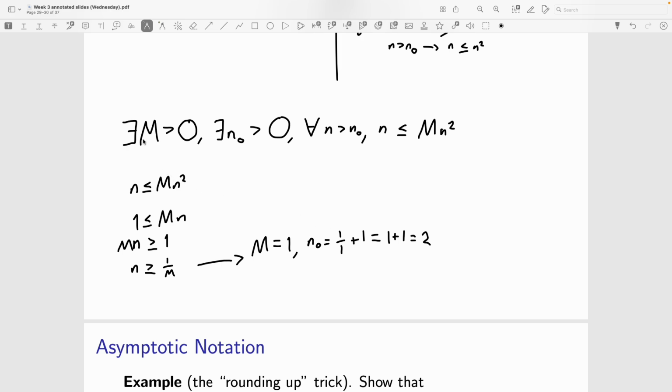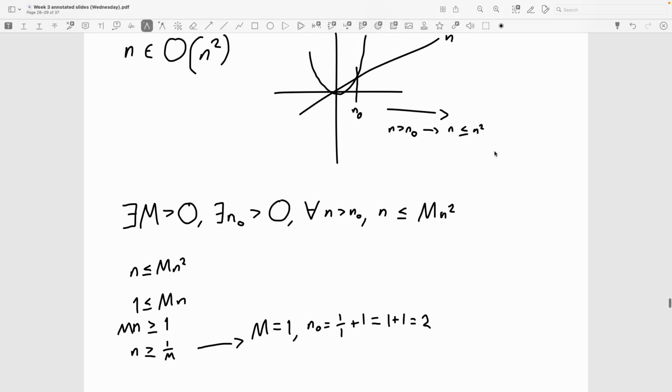We have a specific value for m and a specific value for n naught. And then in your formal proof, you would start at n, use the values you found, and show that it's less than or equal to 2n squared.